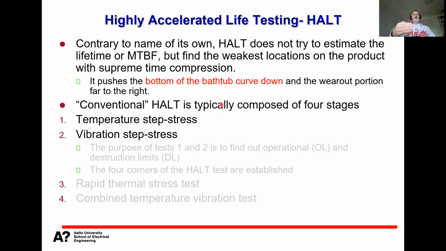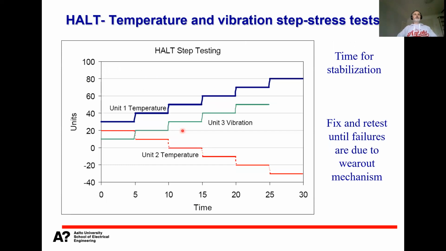And the first 2 steps are the temperature step stress test and the vibration step stress test. Difficult words, but I will explain what these mean. So how you start is that first you start testing how much high temperature your test unit withstands.